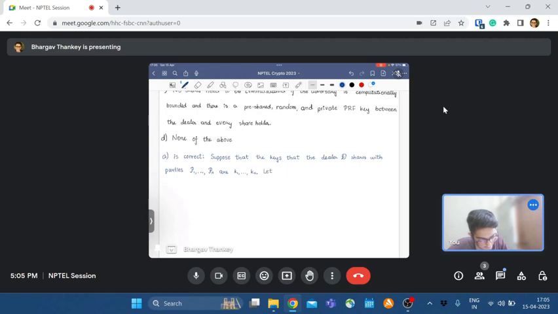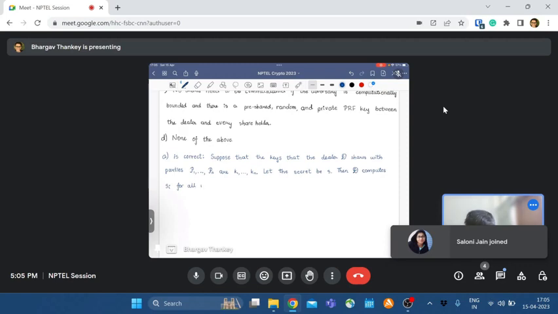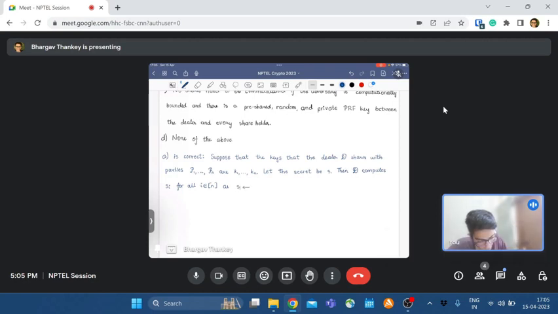Let the secret be S. So here's what the dealer does. It computes Si for all i up to n minus 1 as Si equals F of Ki of i, where F is the PRF.